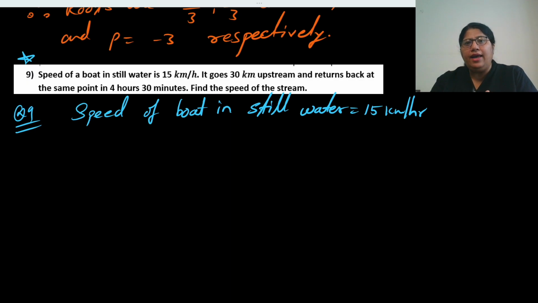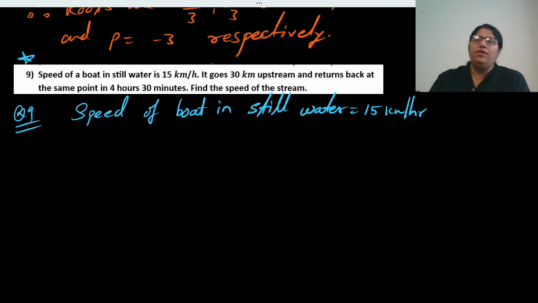If you are going against the stream direction, then your speed is going to slow down. Similarly, if you are going up hills, you will walk slow. If you are going down hills, you will walk fast, because there the wind speed helps you. Here, because you are in the water, there is always speed of water also.